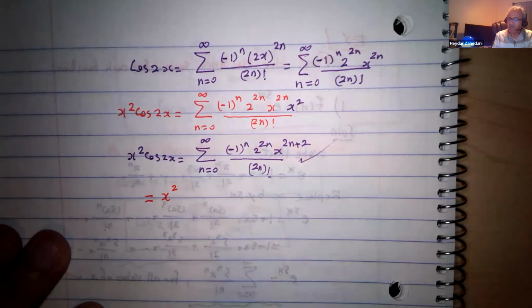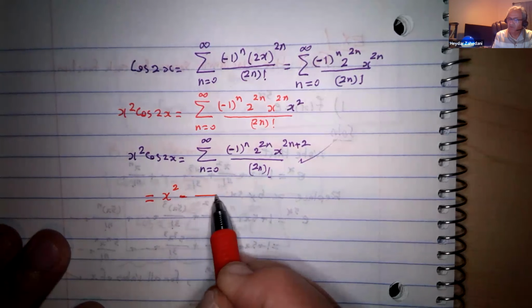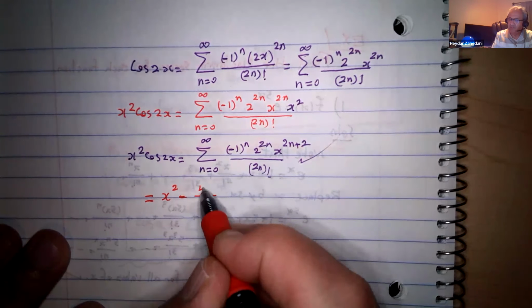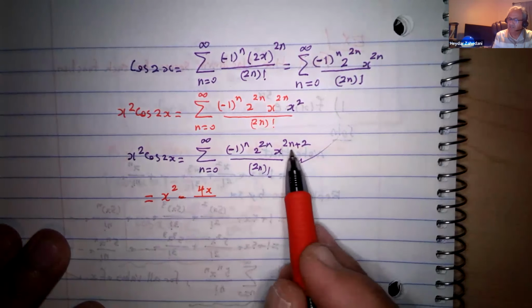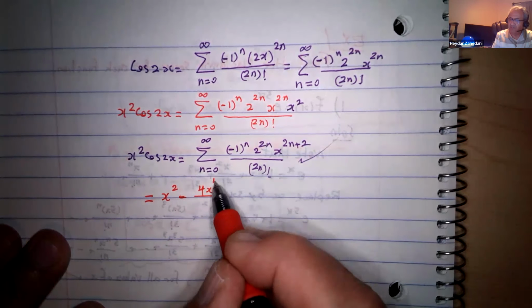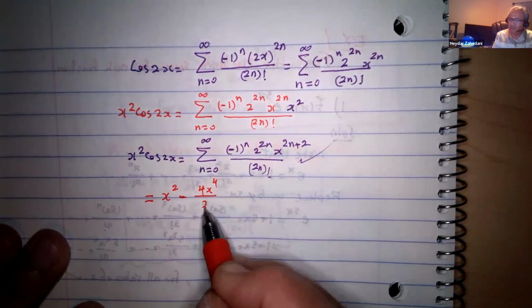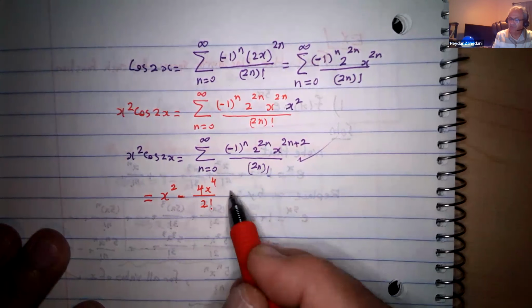If we replace n by 1, so negative 1, the sign would be negative. The top, replace n by 1, 2 squared would be 4, x to the 4th, and divided by 2 factorial, because n equals 1, so that gives you 1. We want to find the next one.